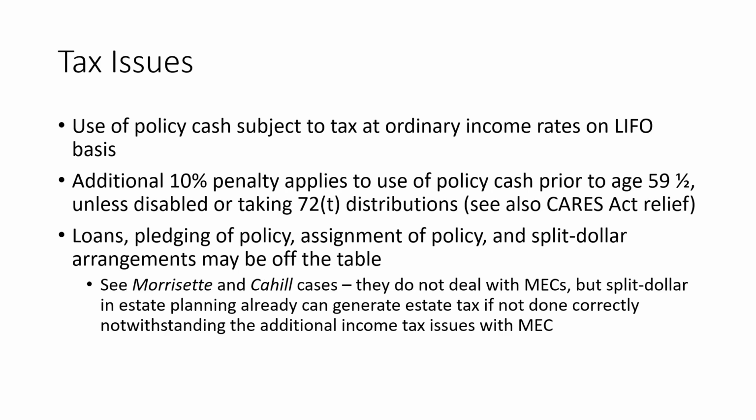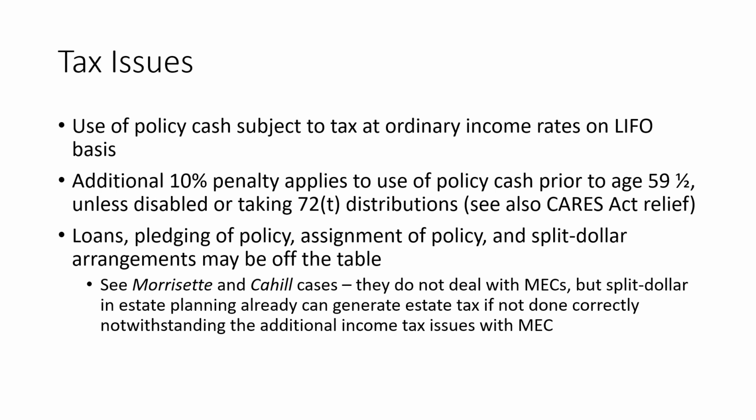Now, from a tax perspective, the rules for modified endowment contracts are derived from the annuity rules as well. So any sort of use of policy cash is subject to tax at ordinary income tax rates on a LIFO basis, as we mentioned, unless you can annuitize it somehow, and we'll look at that in a second.